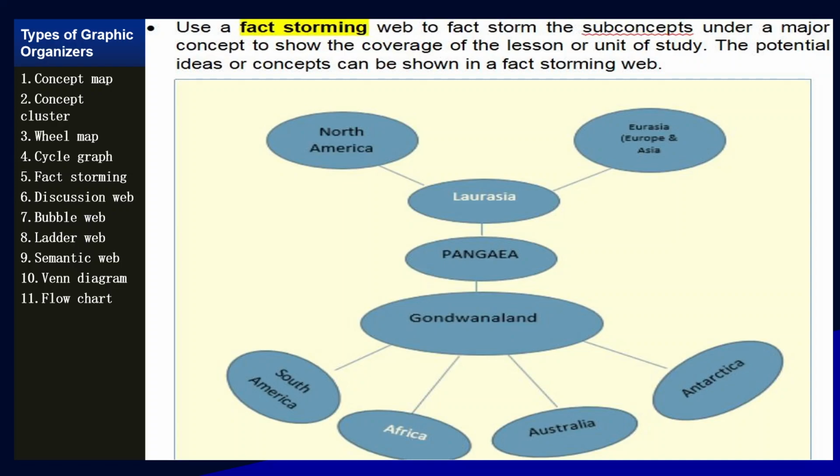If North America and Eurasia combine, it is Laurasia, while Laurasia together is Pangaea, then it separates into Gondwana. Laurasia consists mostly of the two continents we see today, North America and Eurasia, Europe and Asia. If you combine those two, you get Pangaea, while Gondwana consists of South America, Africa, Australia, and Antarctica. So that is fact storming.